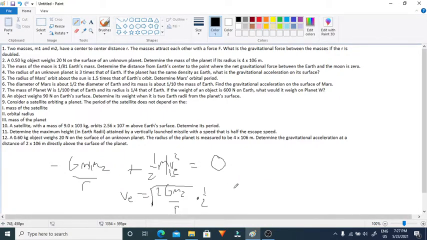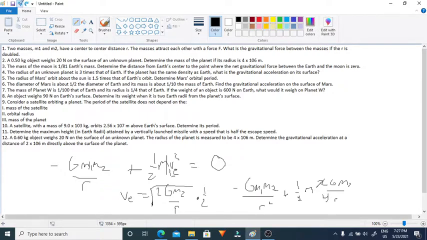So we'll have its initial potential energy is going to be negative G M1 times M2 over R, and its kinetic energy is going to be plus 1/2 M1 times V squared, which is going to be 2G M2 over R, or 4R, because the 1/2 will also be squared. So this will cancel, and this will end up with just a 2 on the bottom. But then times this 1/2, so it'll end up being M1 G M2 over 4R.